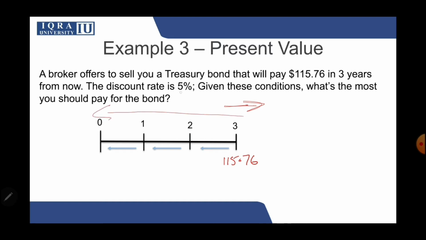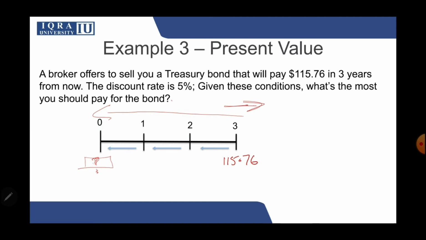The discount rate is 5%. Given these conditions, what's the most you should pay for the bond? So you're going to purchase this bond right now. How much will you pay right now for a bond that will pay this much in the future? So you need to find out the present value of this bond.